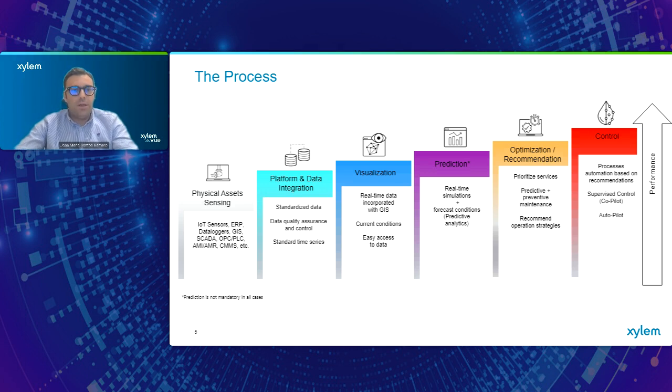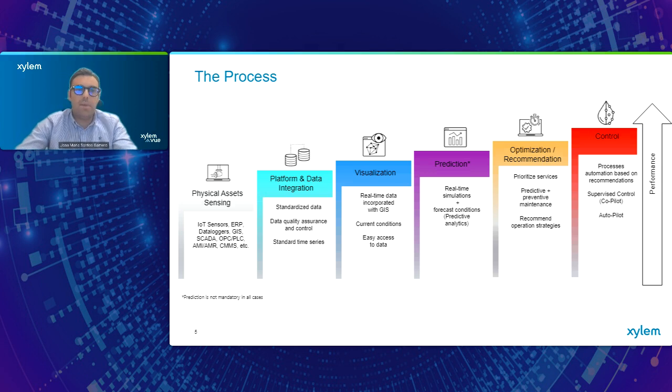So far in this journey, we have the data, we have the mechanisms to acquire, process, and store it, along with the capability of visualizing what is happening now and where. And beyond that, we have the analytics piece. Analytics are able to expand the here and the now, not only geographically, meaning that it enables the knowledge of what's going on at any location in the network, but also in time, providing context about the evolution of the network state given some forecasted conditions.